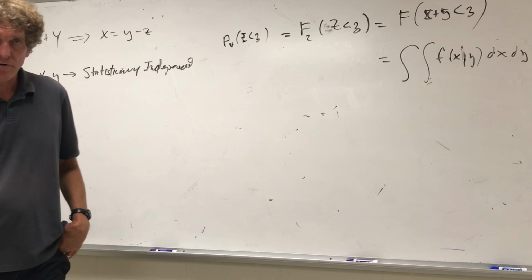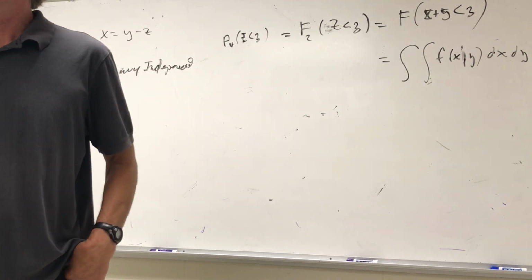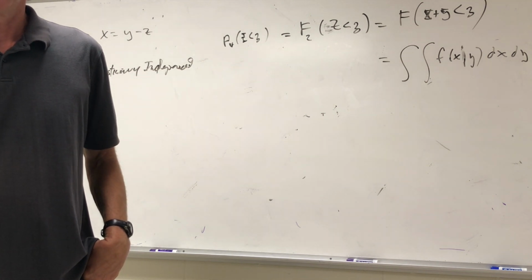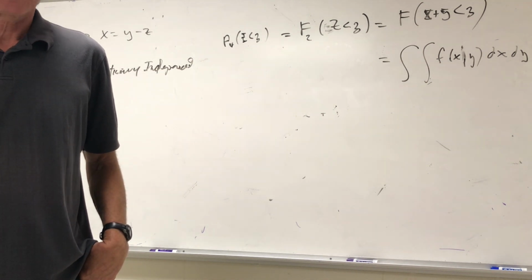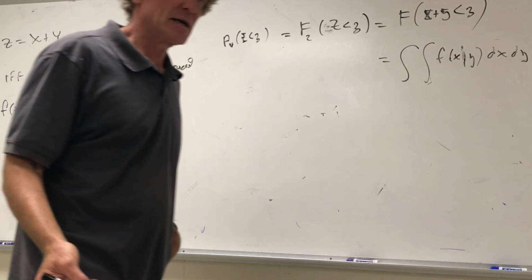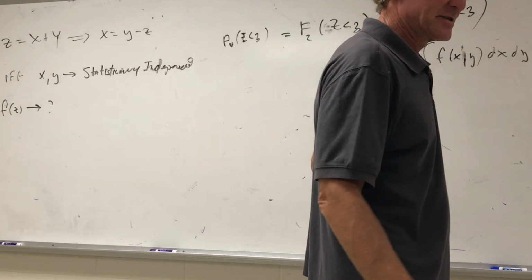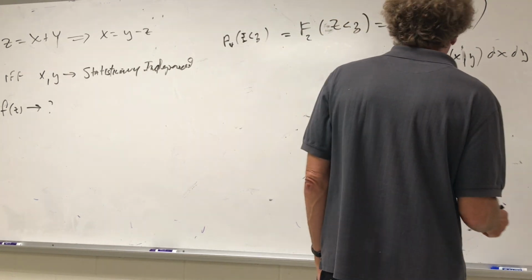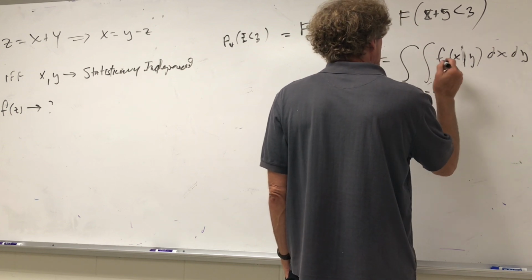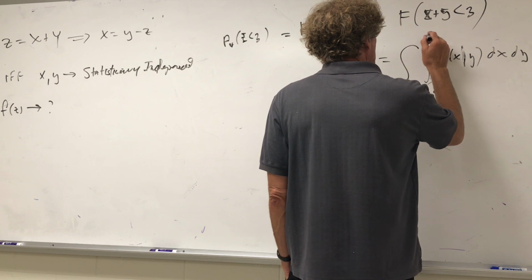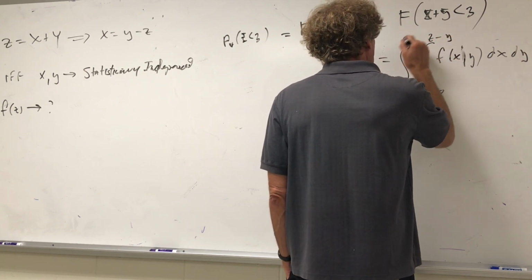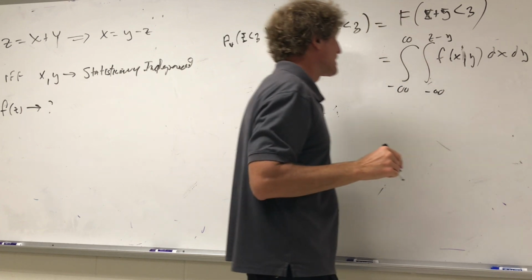This is the key. You agree with that? If z is 3, it's known. If I want the probability of z less than 3, it's x plus y less than 3. But that is a contour; it doesn't have straight edges, if we drew this thing. So for x, it's going to go from minus infinity to z minus y, and for dy, it can go over the entire range from minus infinity to infinity.